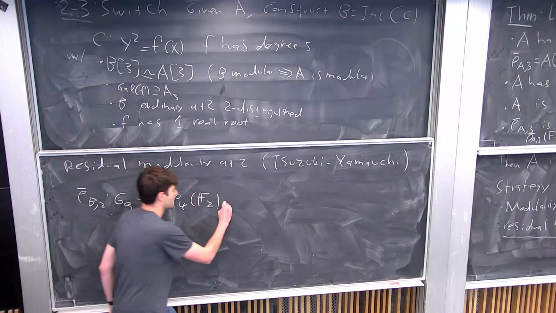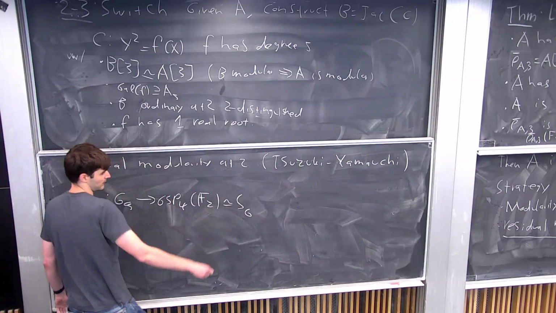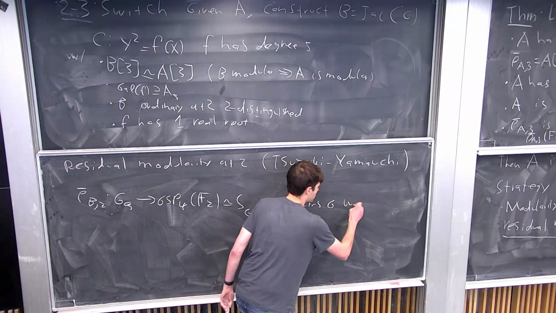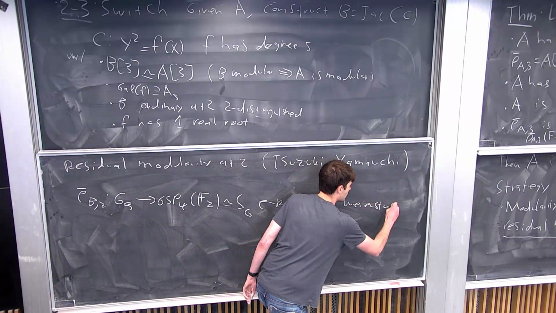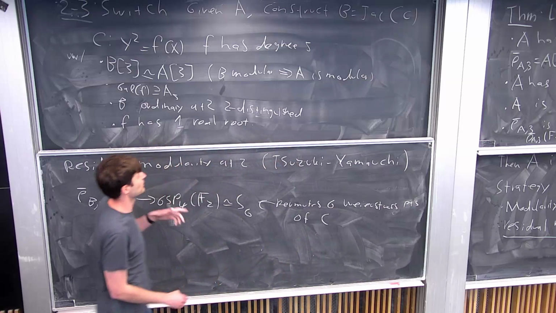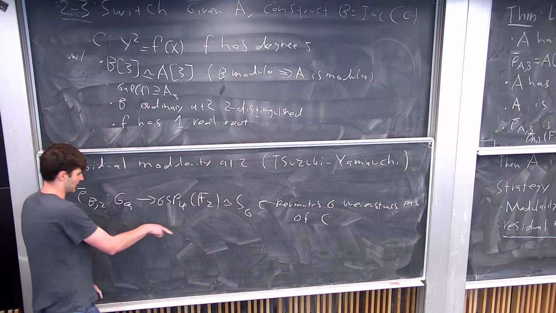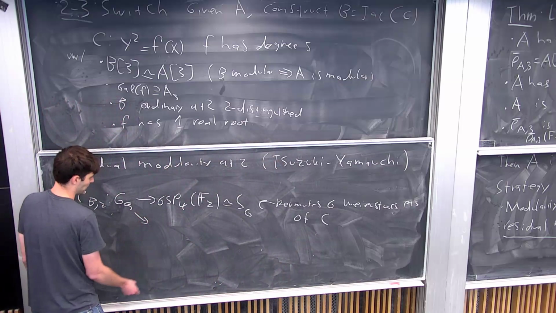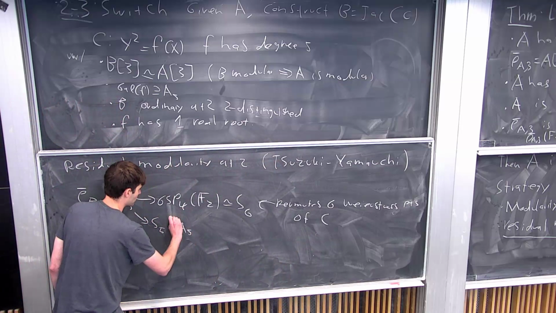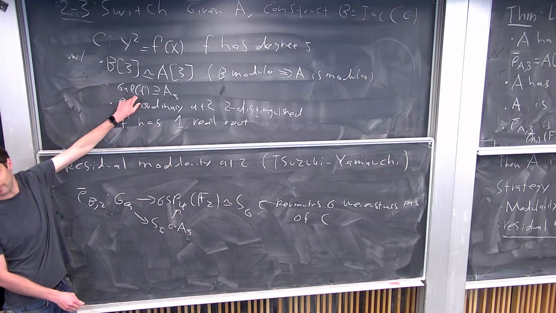Well, it's isomorphic to S6, the permutation group of the 6 Weierstrass points of C. And so we've assumed that there's a rational Weierstrass point. And so it means that actually this Galois representation is factoring through sort of S5 or A5, because I also assumed that the Galois group of F was big.